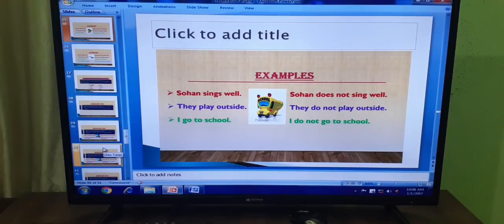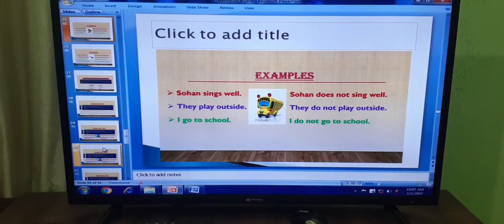The next example, I go to school. So let us find the verb here. The verb is go. And go is already in its base form. So go will remain go. What is the subject here? The subject is I. And with I, we just use do not.